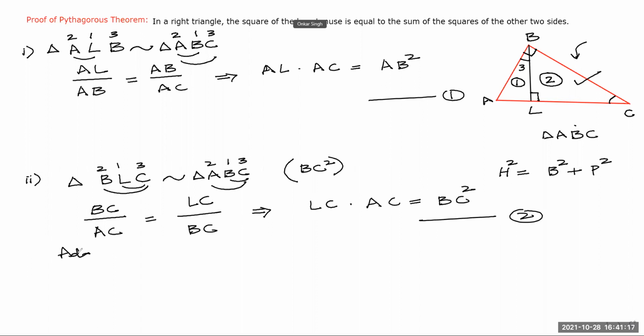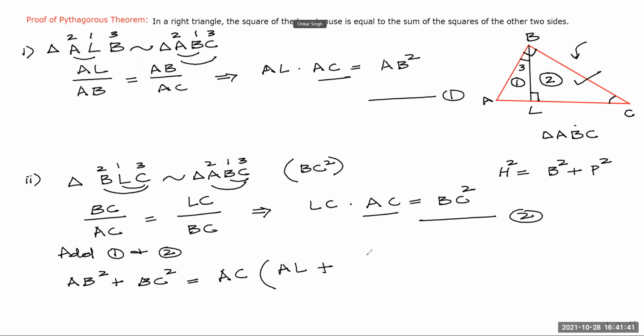Simply, students, you add equations 1 and 2. Can you tell what you get? You get AB square plus BC square, and on the right side, AC is common. So when I add, I will get AC into AL plus LC.